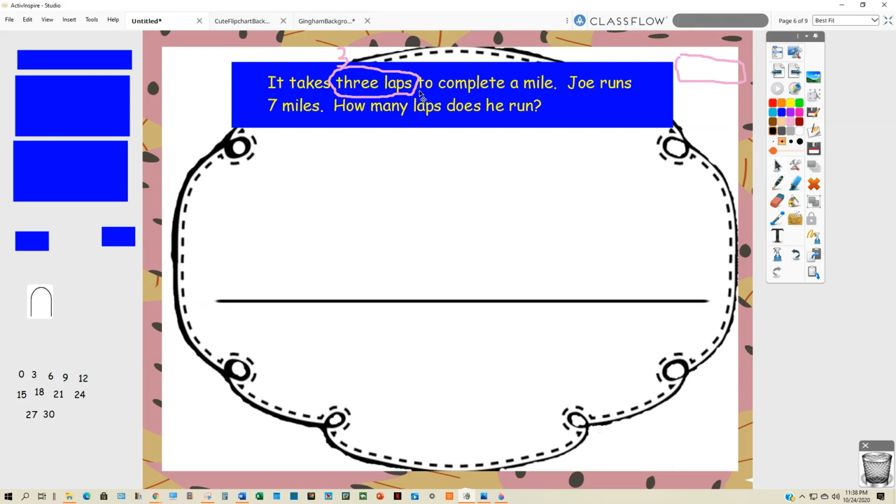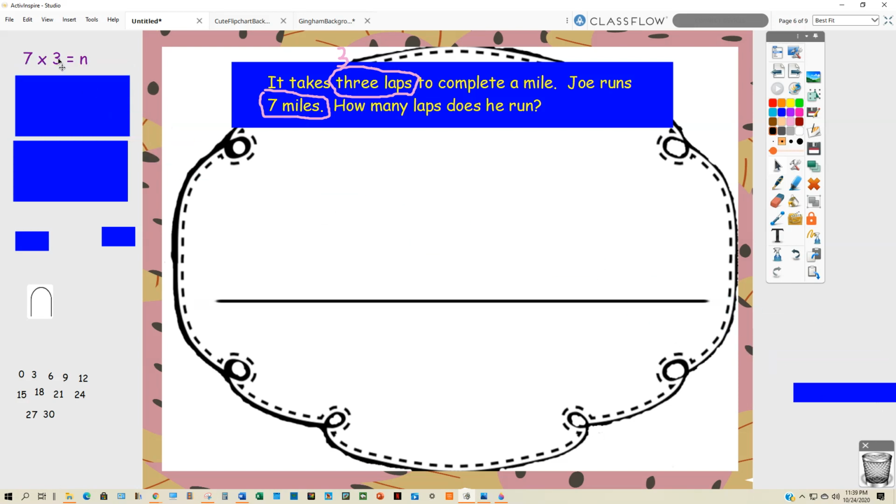It takes 3 laps to complete a mile. Joe runs 7 miles. Well, there's a second number that I need to work with. 7 miles. Now I need to know how many laps he's got to run. So I want to set this up into a number sentence to help me solve this multiplication problem.